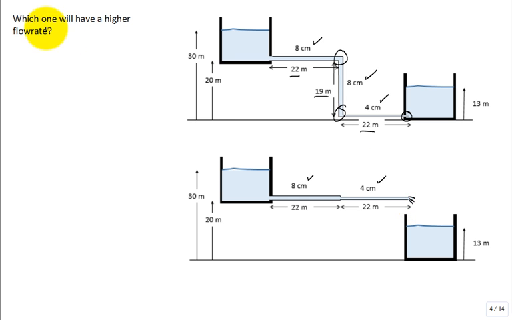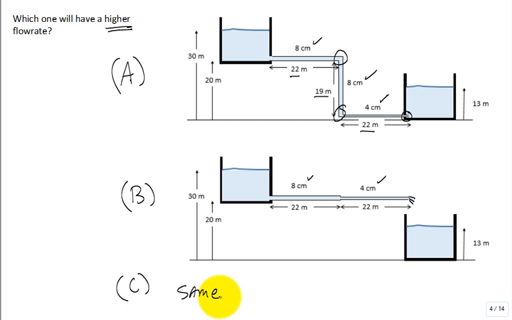So which case will have the higher flow rate? Will case A have a higher flow rate, or case B have the higher flow rate, or case C the same? How long should I give you? Should I give you more than 30 seconds?